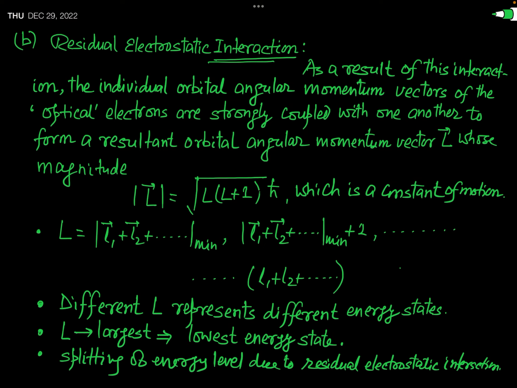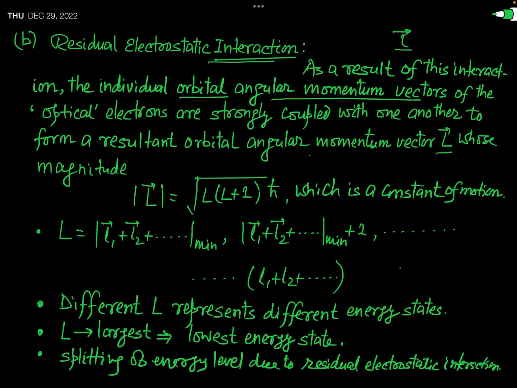Actually, when there is a residual electrostatic interaction, then the individual orbital angular momentum vectors, which we denote by the symbol l, get added together very strongly, and due to the combination of these l vectors, we get the resultant orbital angular momentum vector capital L.